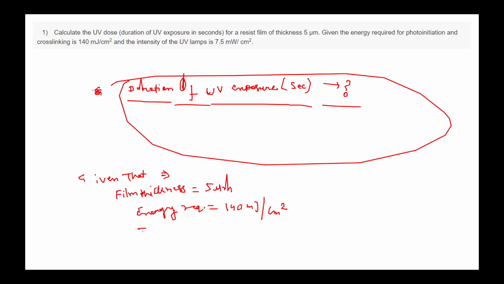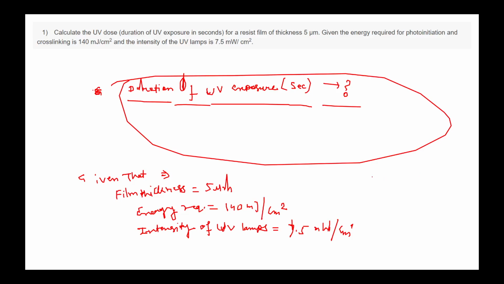Then the intensity of UV lamps is given as 7.5 milliwatt per centimeter square.